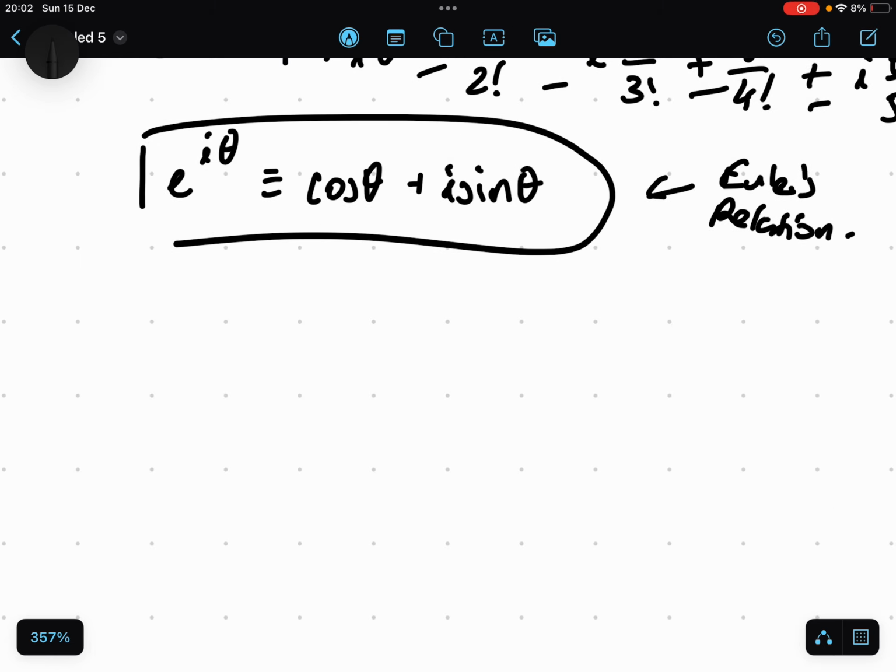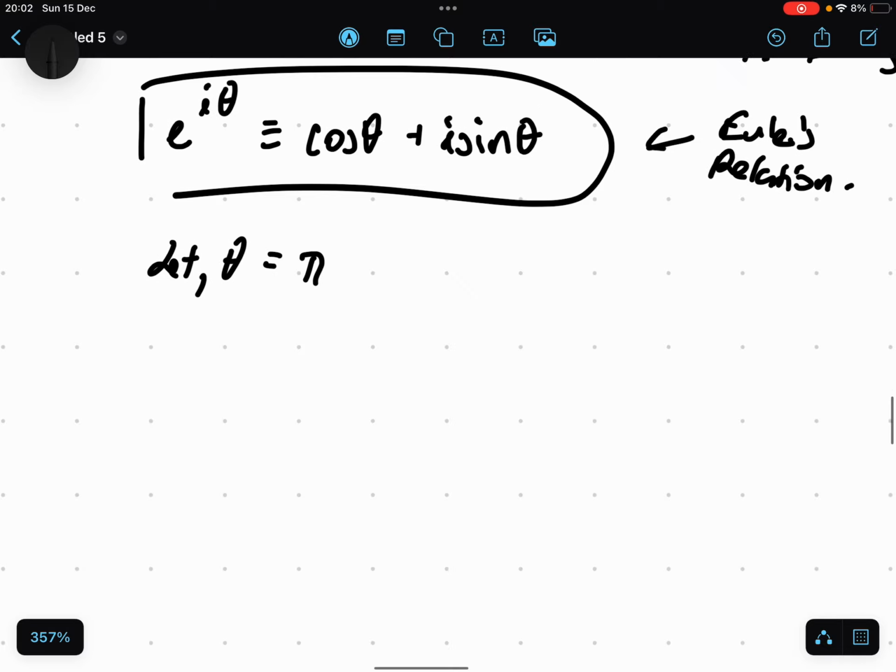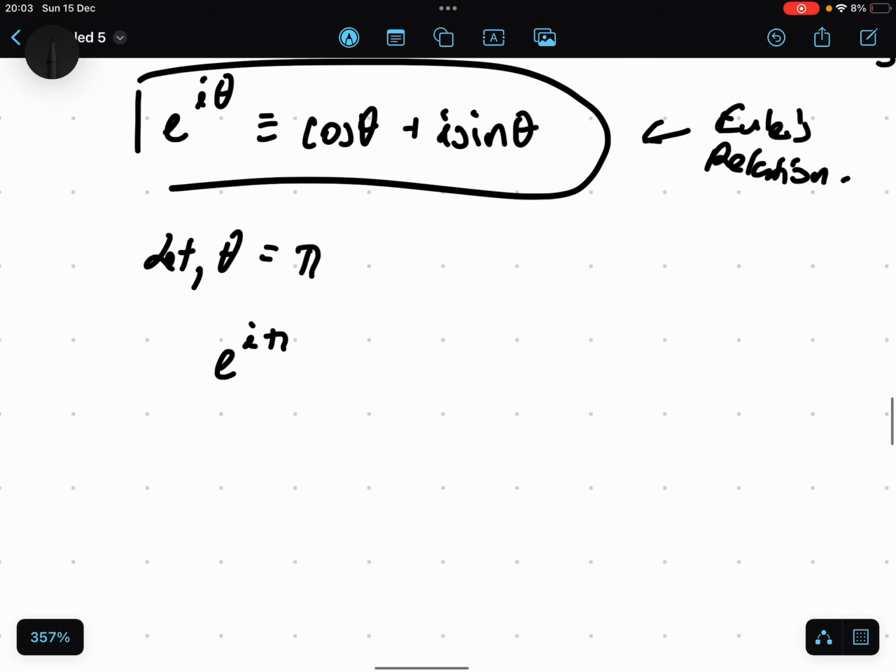So now what we're going to do is get Euler's identity. All you do here is say, let theta equal pi, because we can. So we get e to the i pi is equal to cosine of pi plus i sine pi. Now cosine of pi is 1.